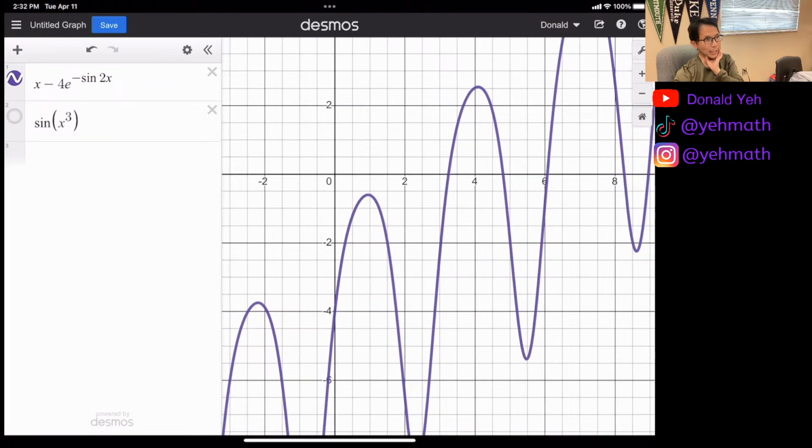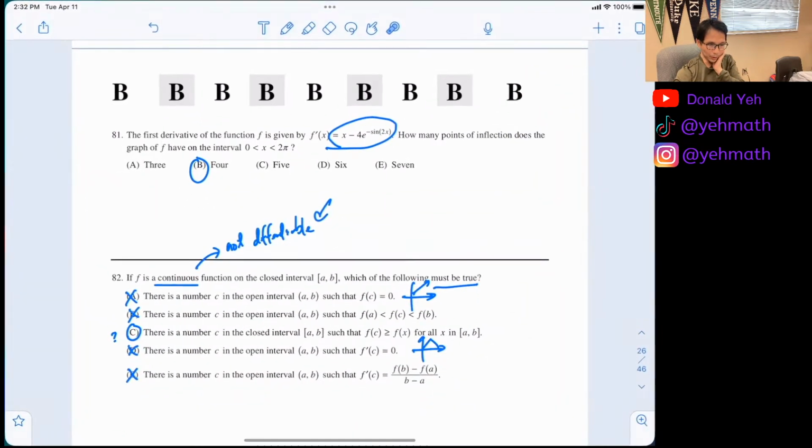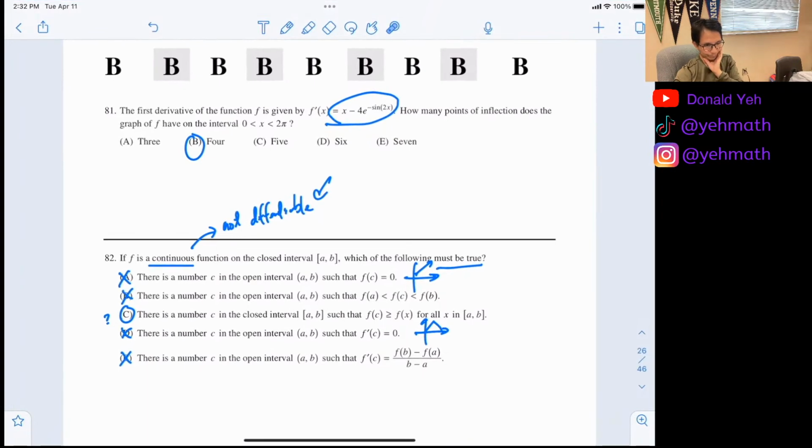Now you want to change your x min and x max to 0 to 6.28, because 2 pi is 6.28. Then you're going to have this point, this point, this point, this point. So it's 4 points. Those are points from increasing to decreasing, which is a second derivative matter. Because you're asking about increasing and decreasing of f prime, meaning the slope of f prime is changing. So therefore, you got 4.